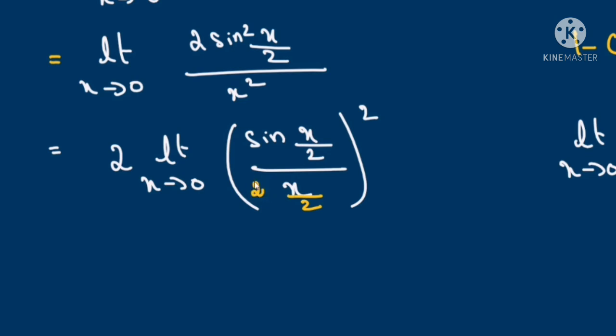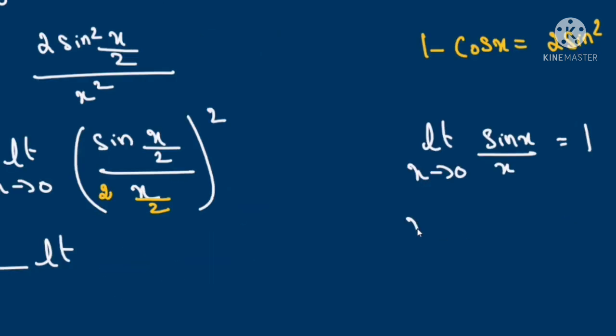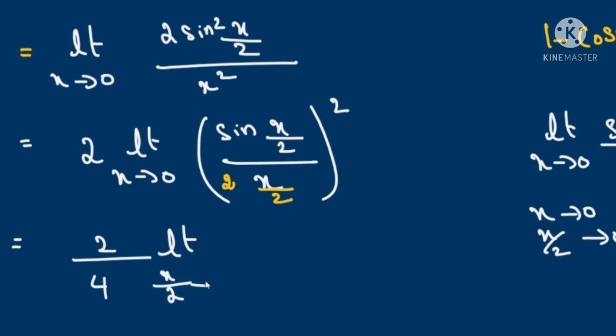Now this is a constant, 2 square. There is a square outside. The 2 square take outside the limit. So that is 2 by 4. Limit when x tends to 0, x by 2 also will tend to 0. So x by 2 tends to 0, sine x by 2 by x by 2.